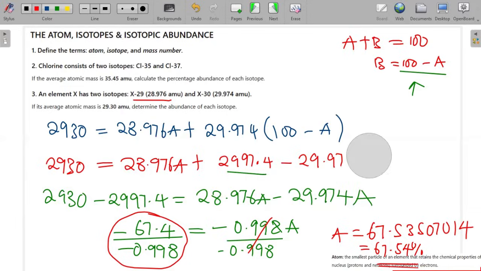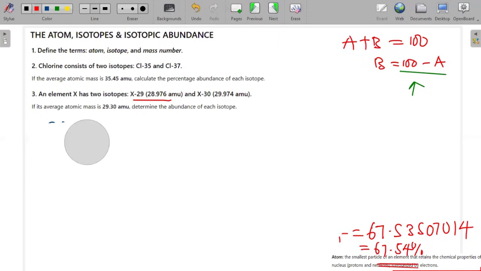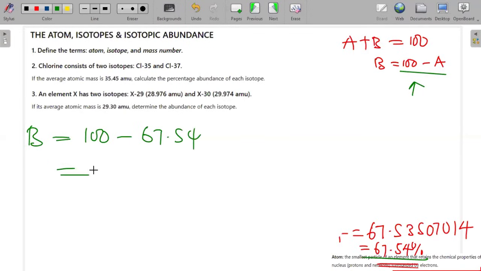Let's calculate the percentage for the other one. The other one will be easy because we're just going to use subtraction. B is equal to 100 minus A, so 100 minus 67.54 gives me 32.46%.